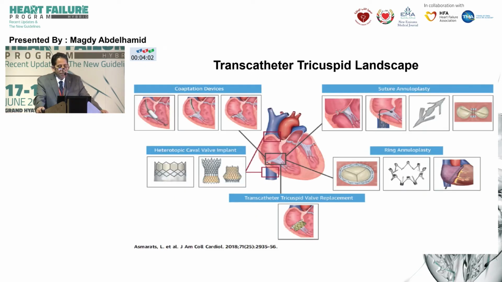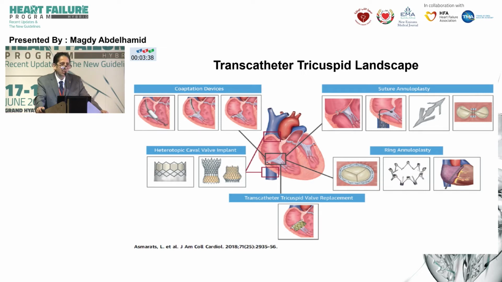Suture annuloplasty and ring annuloplasty are usually performed in stage 1 or grade 1 tricuspid regurgitation, which is usually not associated with tethering of the leaflets. It's only due to annular dilatation. So suture annuloplasty, or better, ring annuloplasty, decreases the recurrence of TR over time.